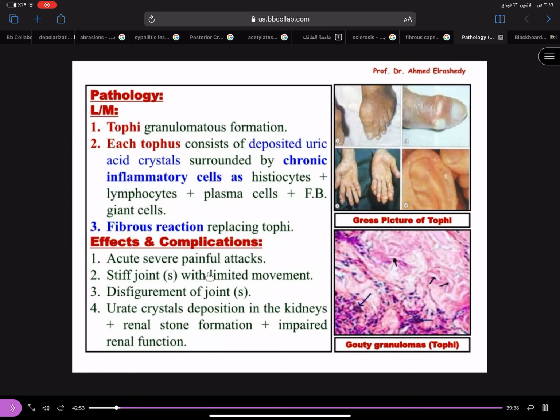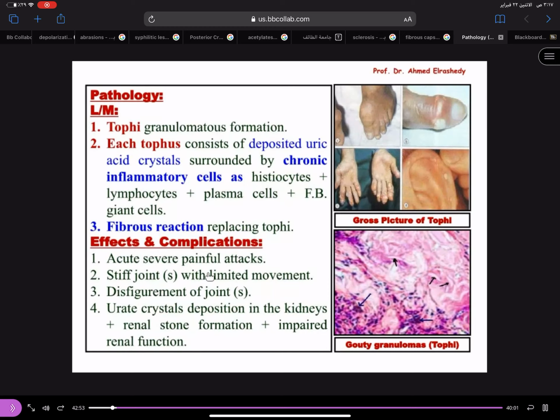Whatever problem there is, all lead to more production of uric acid. Or the other important cause can be that the person is eating a lot of purine in the diet. Anyway, the uric acid becomes more.